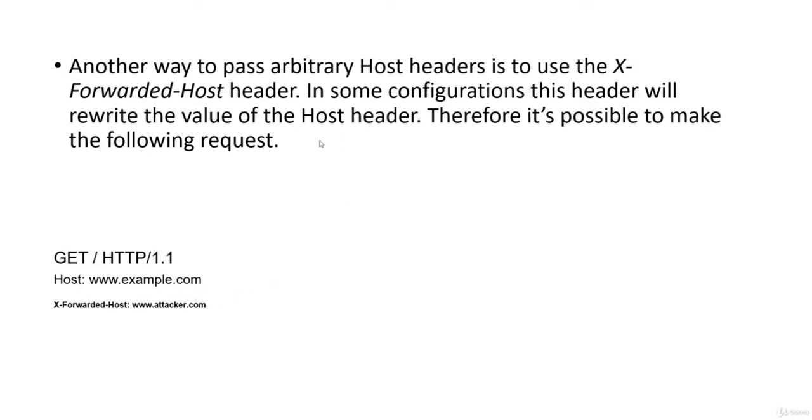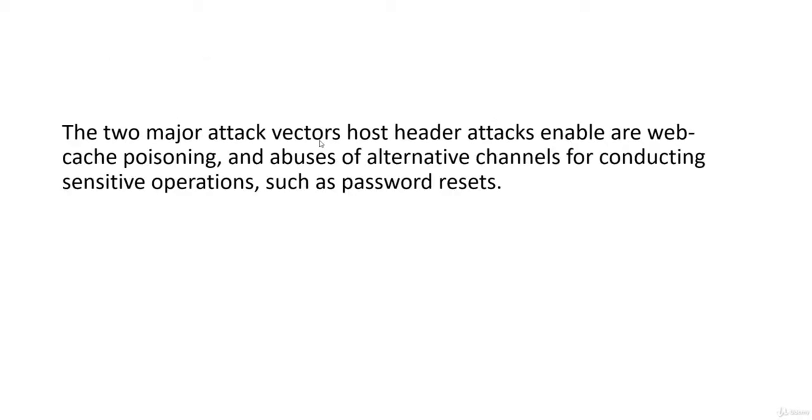So this is the way host header attacks work, and in the upcoming lecture we'll see how to inject the host header, or basically how to get the URL redirection from these host parameters. The two major attack vectors that host header attacks enable are web cache poisoning and the abuse of alternative channels for conducting sensitive operations such as a password reset.